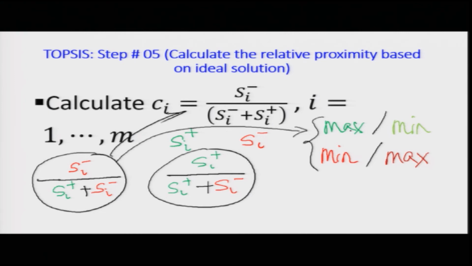Then based on dark green and blood red, you can also have Si plus divided by Si plus Si minus. That is the second methodology, which would give you the second column. When I use the light green for minimization and a dark brown, blackish red for the color, it will give you the maximum.